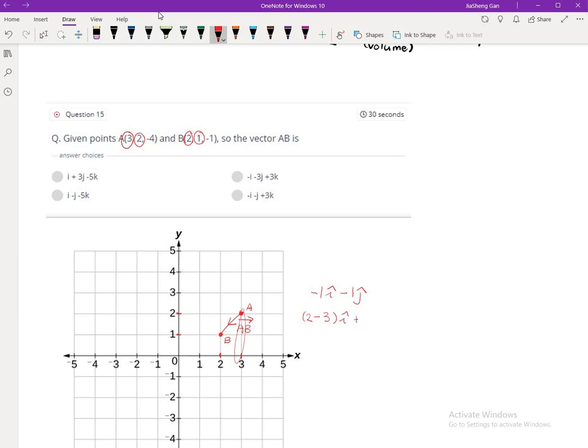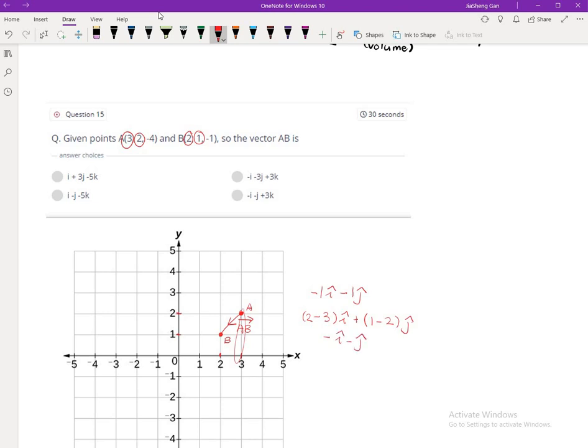For y, you take the final, which is 1, minus the initial, which is 2. That's how you end up with negative i, negative j.